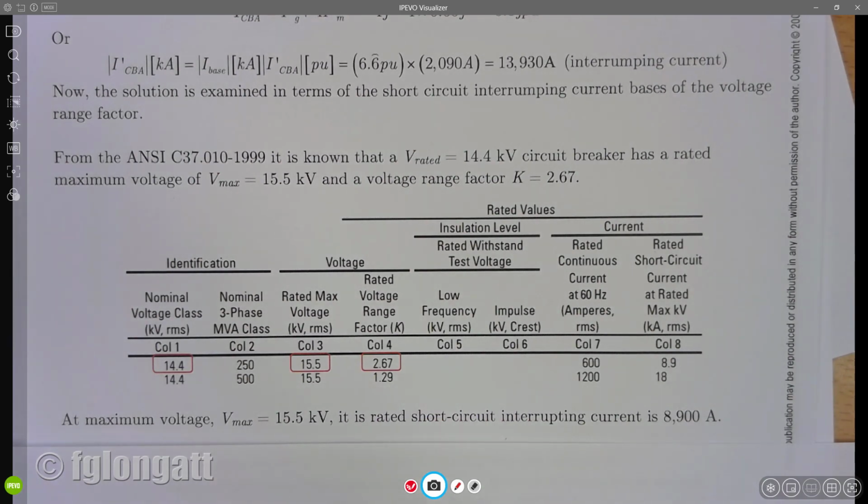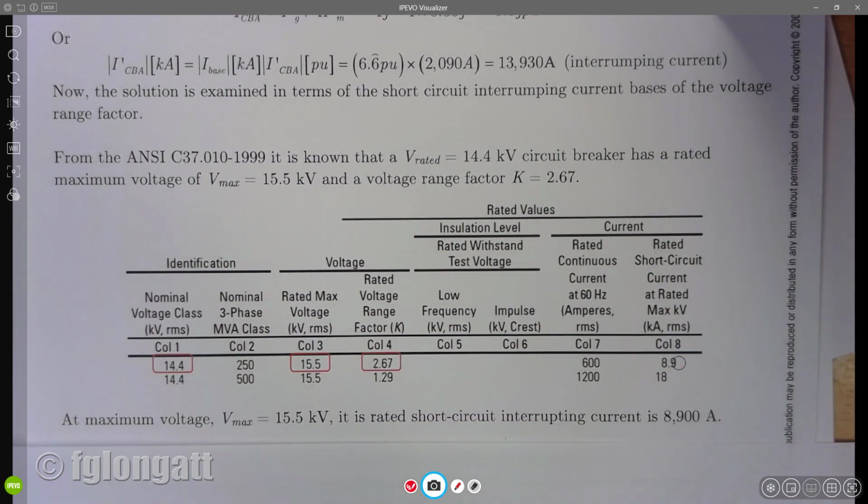I believe all of you can see. I forgot to use the arrow here, but you can see that the rated short circuit current at the maximum voltage is 8.9 for this circuit breaker. Now, if I am correct, we have all the data that we need to perform the calculations.